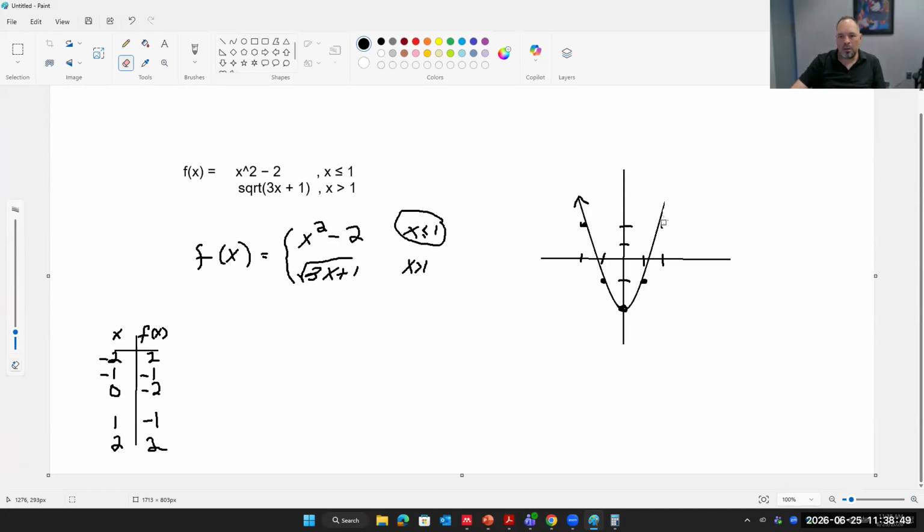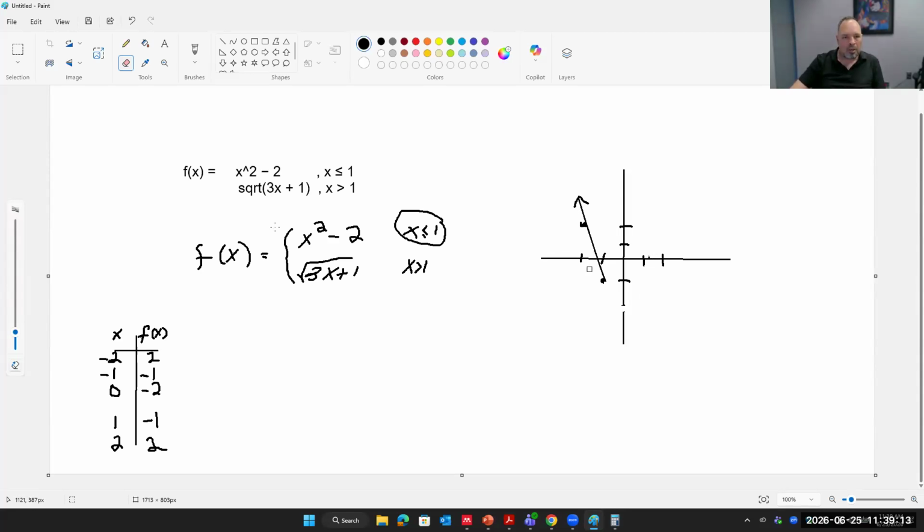So none of this is valid for my piecewise function. I can erase all this. But it just helps me understand what the curve looks like. And even though it doesn't appear curved, we know it is.